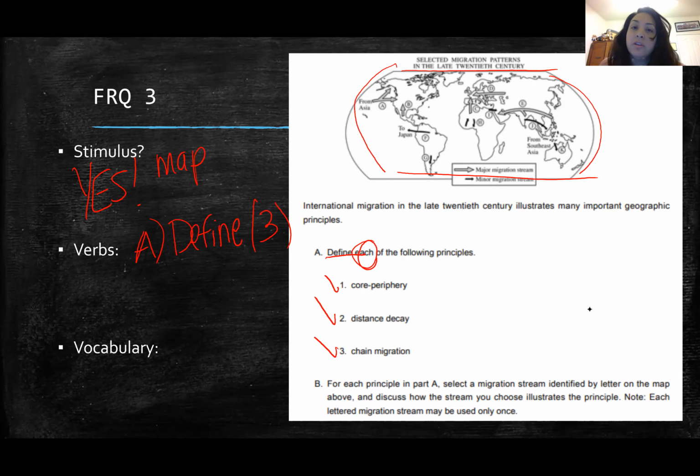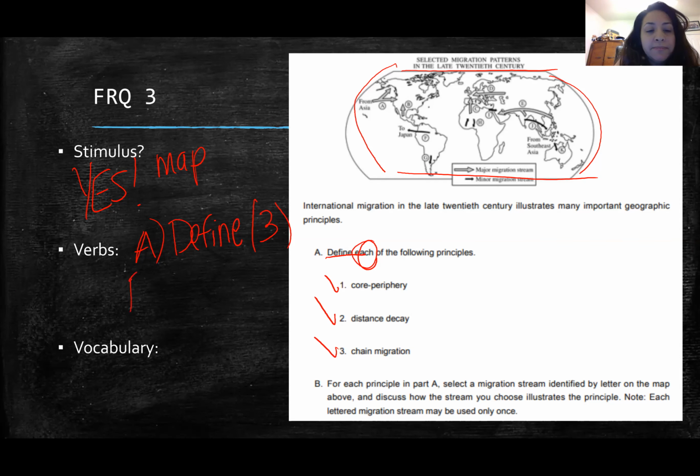All right? You've got to make sure that you do all 3 of them. It's not an either or. This is where Miss Olmeda's awesome open-ended quizzes help you out. All right. This is also where your 8 million vocabulary words come into play. You're welcome. Okay. So letter A, define 3 times.